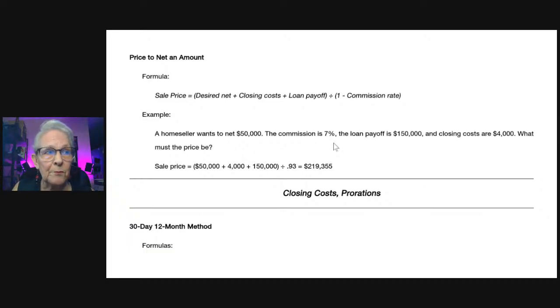Because it's a commission of 7%. So you divide the cost of sale and what they net by 0.93, which is 100% minus the 7% commission, in order to get what the list price should be to cover their net and the expenses. You follow me?